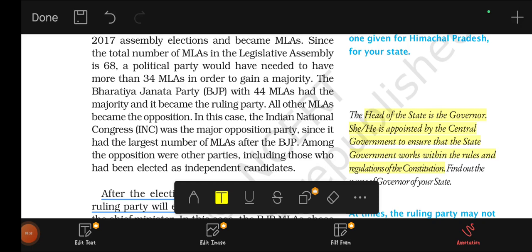And the Bharatiya Janata Party with 44 MLAs became the majority, and it became the ruling party. All other members become the opposition. In this case, Indian National Congress became the opposition.